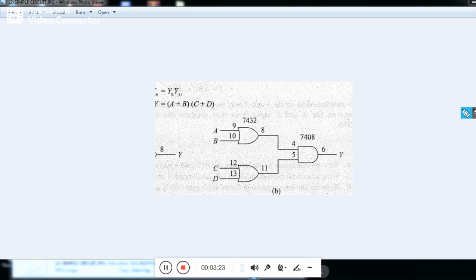You can see here in the circuit diagram we have used two OR gates, one is this, the second is this, and the third one is the AND gate, to draw this logical expression.